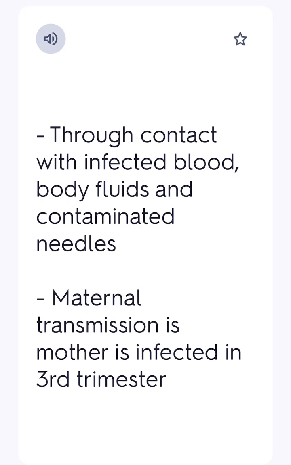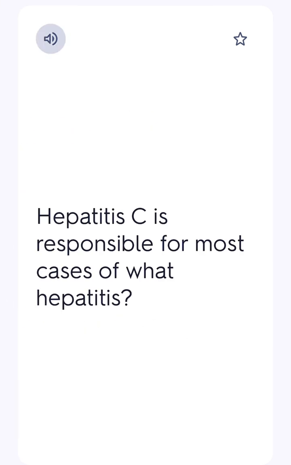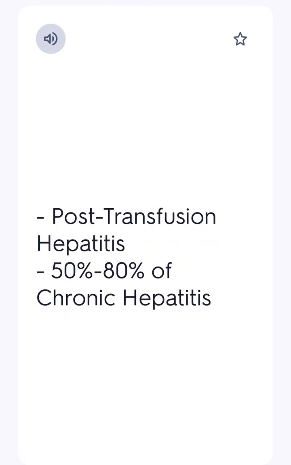Through contact with infected blood, body fluids and contaminated needles. Maternal transmission occurs if the mother is infected in the third trimester. Hepatitis C is responsible for most cases of what hepatitis? Post-transfusion hepatitis, 50% to 80% of chronic hepatitis.